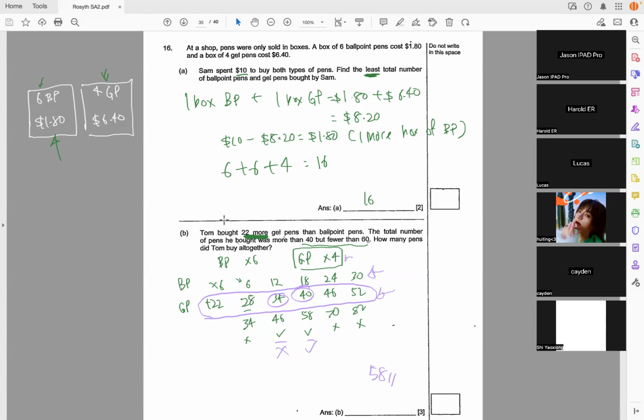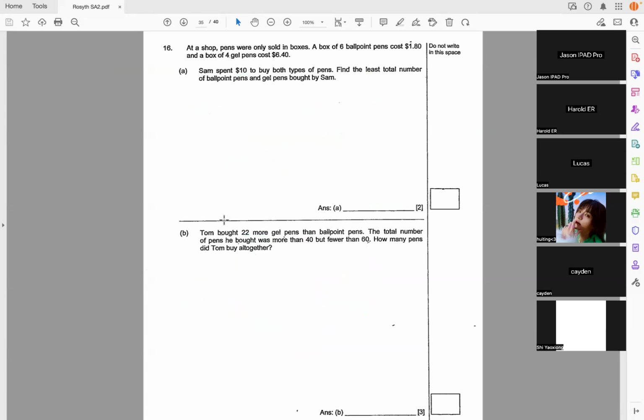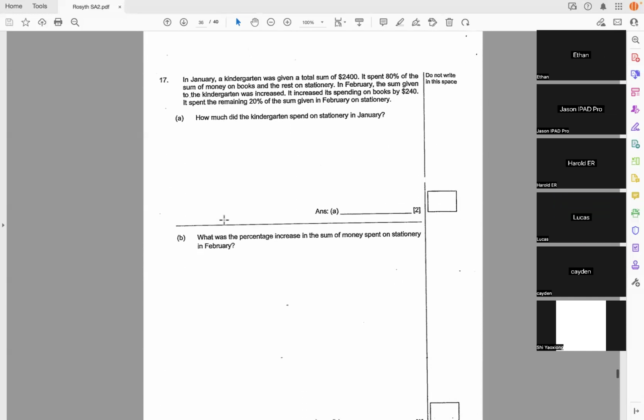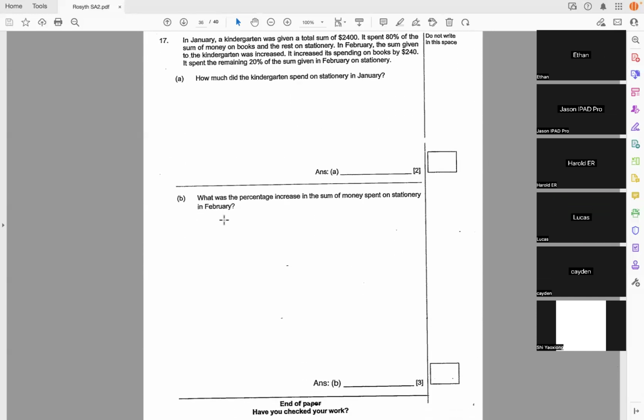Let's continue with the last question. Question 17. In January, a kindergarten was given a total sum of $2,400. It spent 80% of the sum of money on books and the rest on stationery.